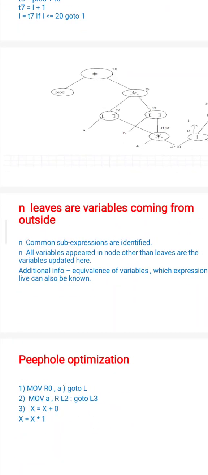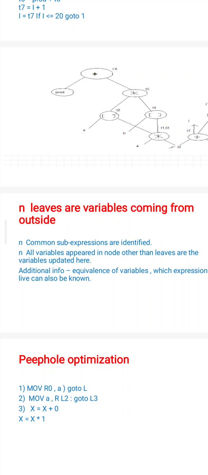And then the leaves are the variables coming from outside. See, common subexpressions are identified from the above graph, and all variables appearing in the nodes other than leaves are the variables updated here, and also the equivalence of variables and which expressions are live can be known. So these are the main advantages.